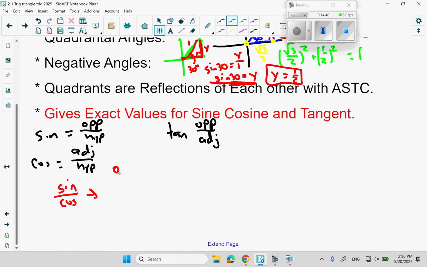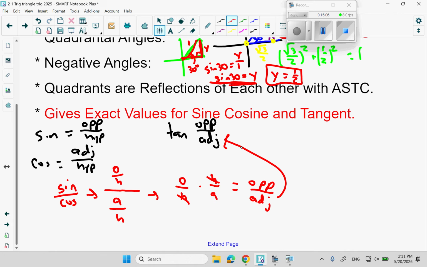That would give me opposite over hypotenuse divided by adjacent over hypotenuse. Well, if I'm dividing two fractions, I can keep the first one the same. I can then flip the second one, so hypotenuse over adjacent, and I'm multiplying. You'll see that the hypotenuses cancel. So we get opposite over adjacent, which is exactly what tangent is. So therefore, tangent is actually sine divided by cosine.